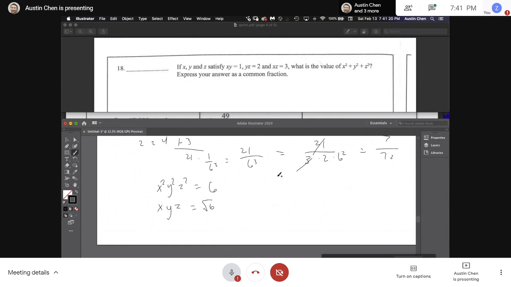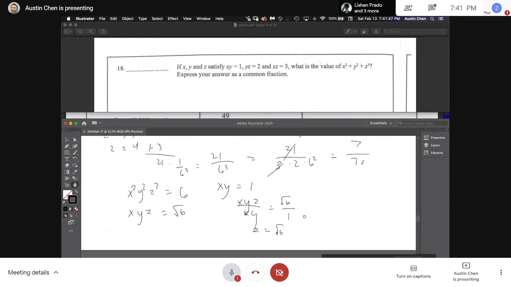From each of these equations, like xy equals 1, you can divide it from xyz equals root 6, and you will get the missing variable. So you take xyz over xy, which equals root 6 over 1, and from here we see that z will equal root 6.